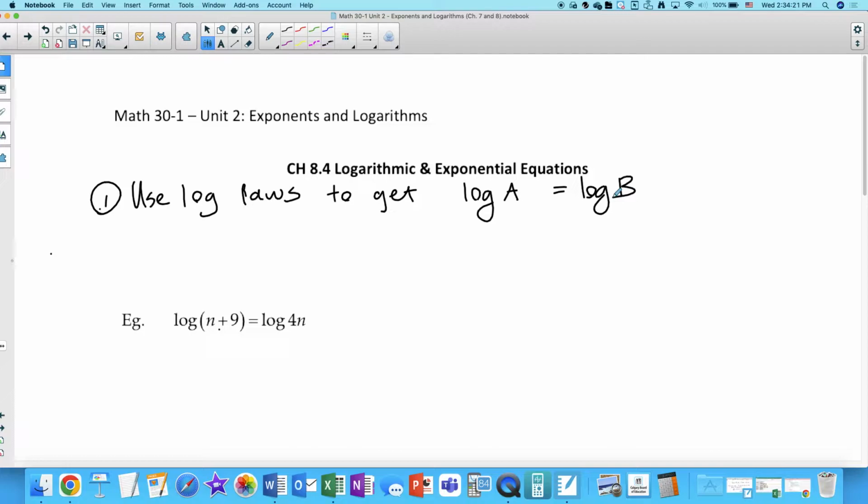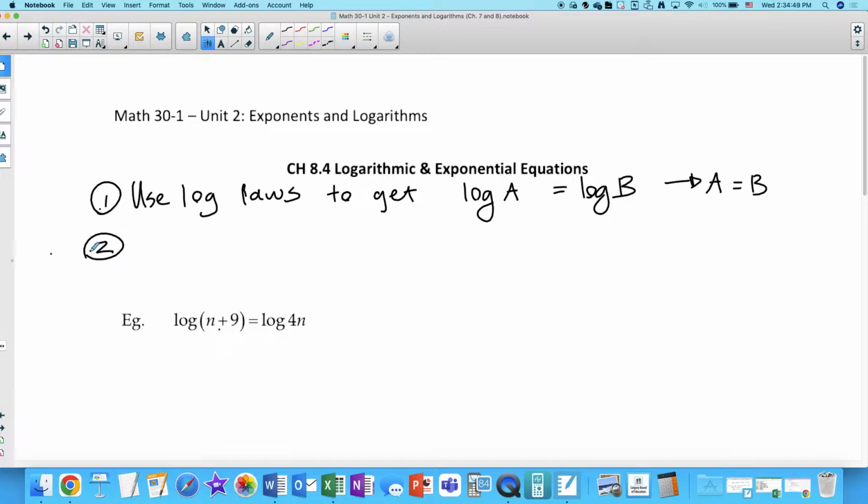And if you have a single logarithm on each side, you can drop the logs and conclude that A equals B. Okay, so that's one strategy. And depending on the question, we may need to use this or something else or multiple strategies all at once.